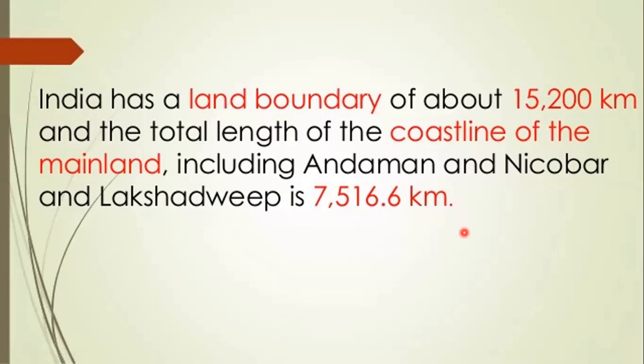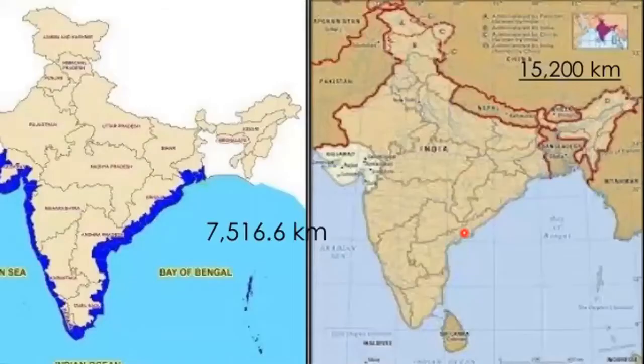If the coastline includes the boundaries of Andaman, Nicobar and Lakshadweep, it is 7,516 kilometers. This is 15,200 and this is 7,500.